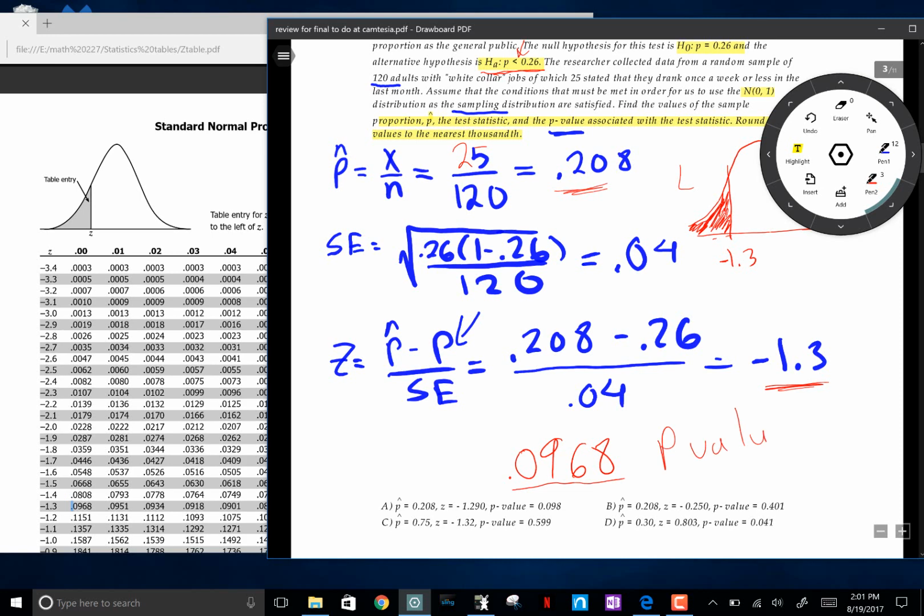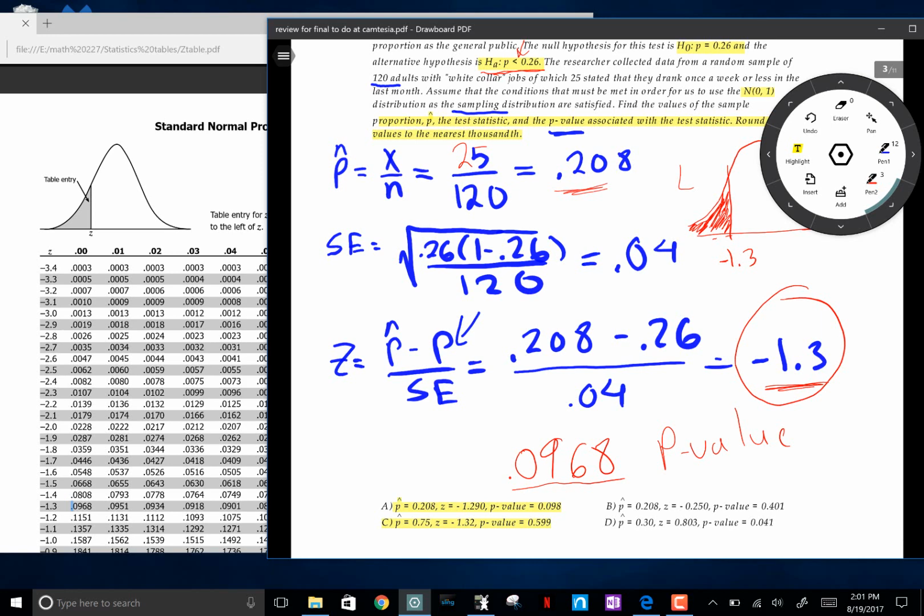Now we just want to find which option encapsulates that. Option A has a z-value of negative 1.29, which is pretty close to what we got, negative 1.3.